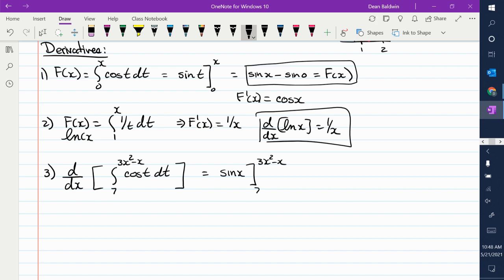And then what do you do? You sub both of them in and subtract, right? So I sub them in, and I get sine. So I've got that. That's my function. I shouldn't have written it like this, but whatever.